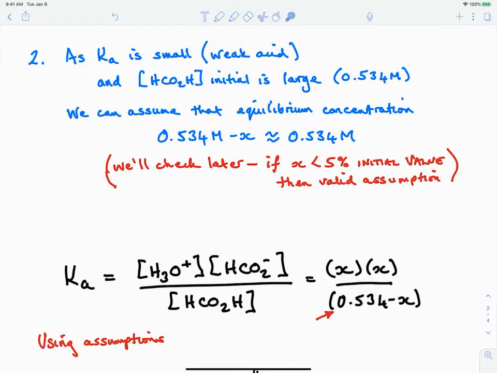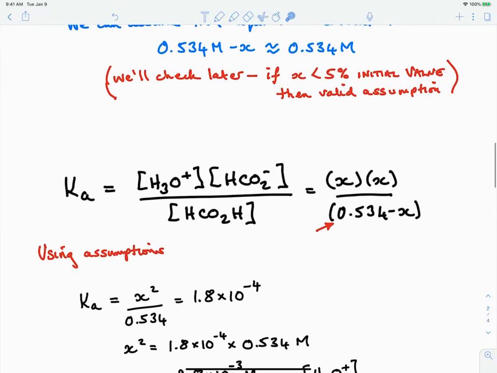So now if we go all the way back here, we get back to our Ka expression, which is X times X over 0.534 minus X, and we're going to use the assumption, which is basically saying that this value here is equivalent to 0.534, because this value of X is very small.